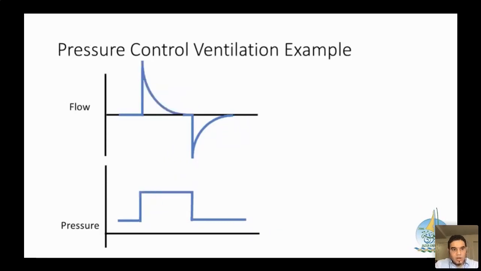All right. What about pressure control? In contrast to the volume control waveforms, with the pressure control waveforms, note which parameter is constant. Here you can see that the constant is the pressure. There is an abrupt increase in the inspiratory pressure that's held constant, and because you suddenly increase to this constant pressure, you can see a jump in the flow.